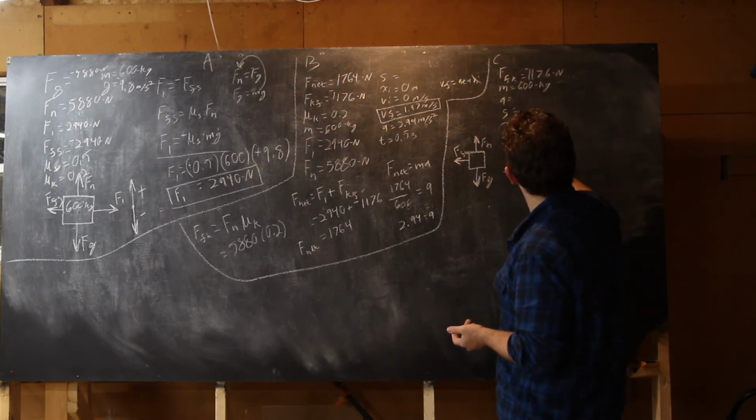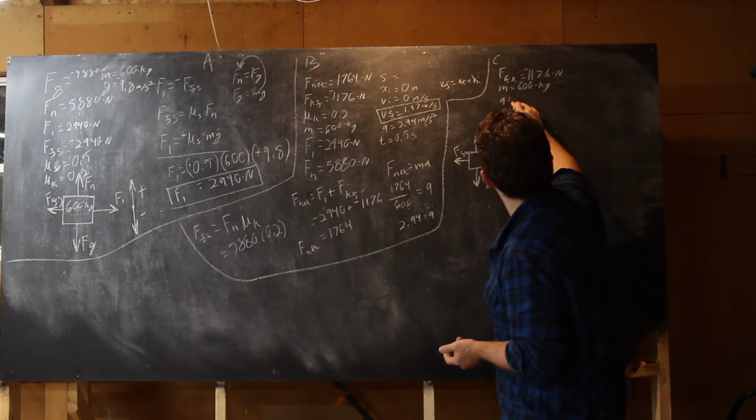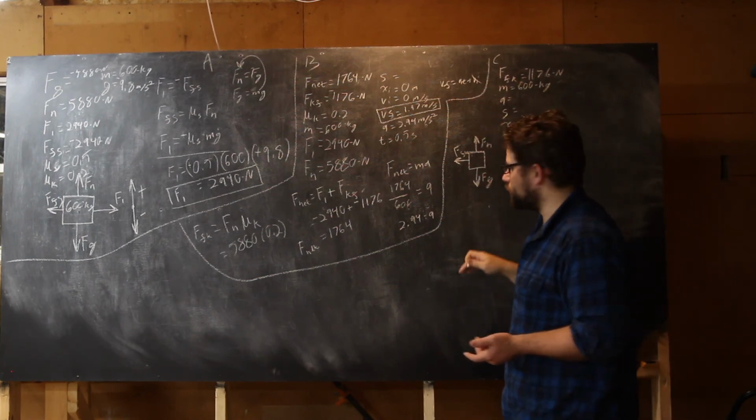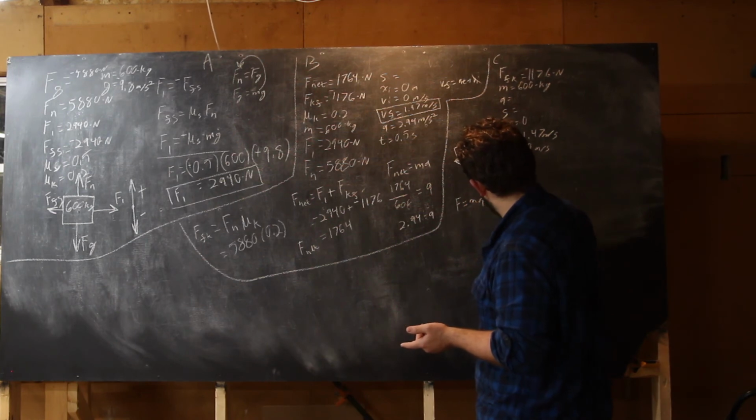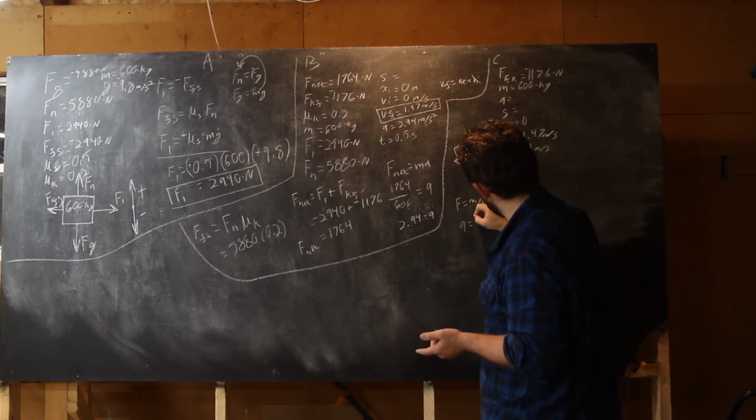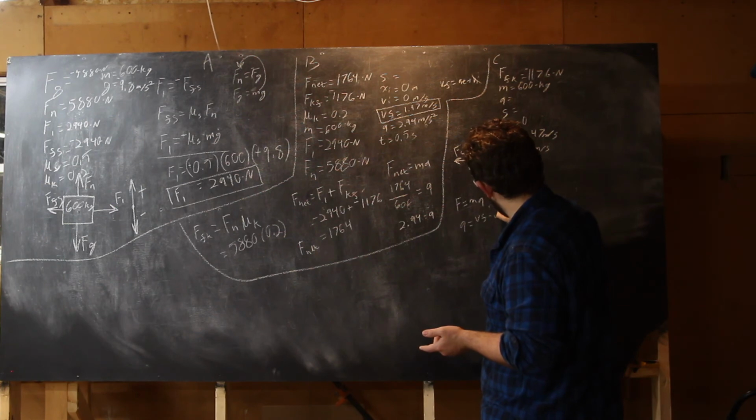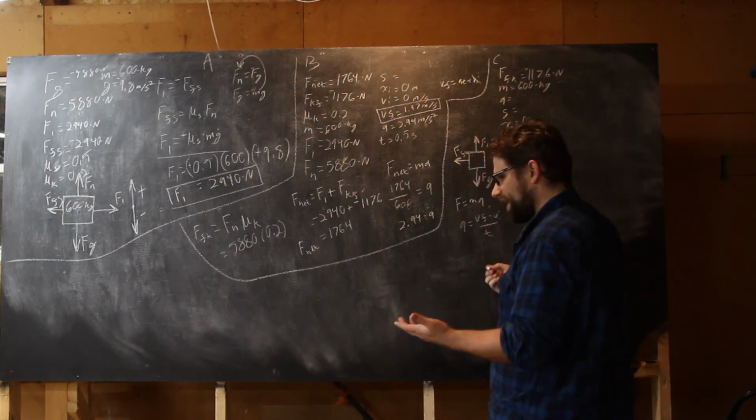Well, I can already see that I'm going to determine my acceleration, and then I'm going to find my time. So I'm going to use F equals ma, and then I'm going to use a equals vf minus vi over t. Excellent.